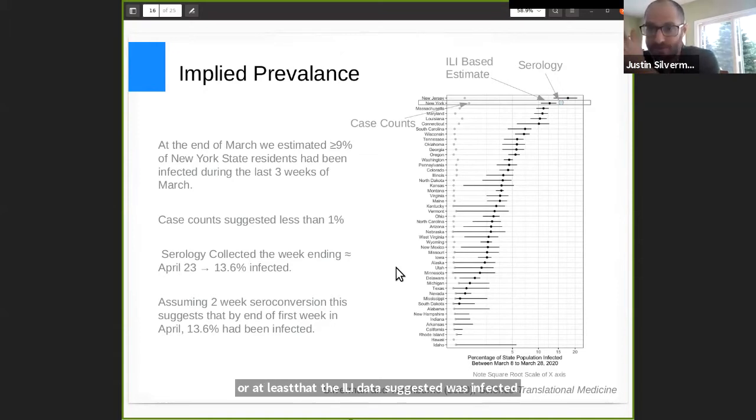In particular, you see that some of it looks very reasonable. New York and New Jersey are pretty much leading the pack. But the number that we suggested was, again, much higher than others.